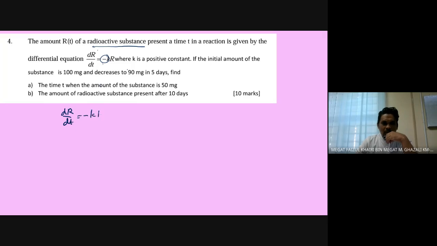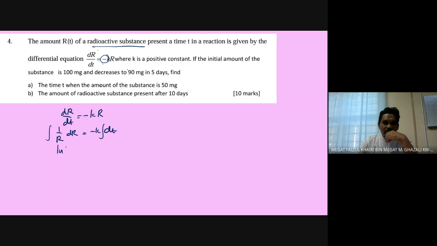So then separable variables, bring R to the left side: 1 over R dR equal to negative k dt, and integrate left and right.